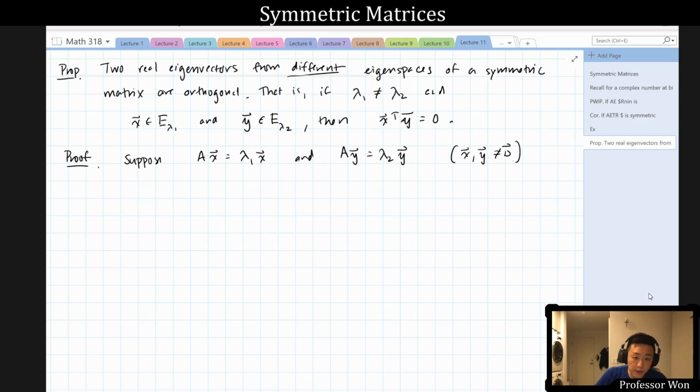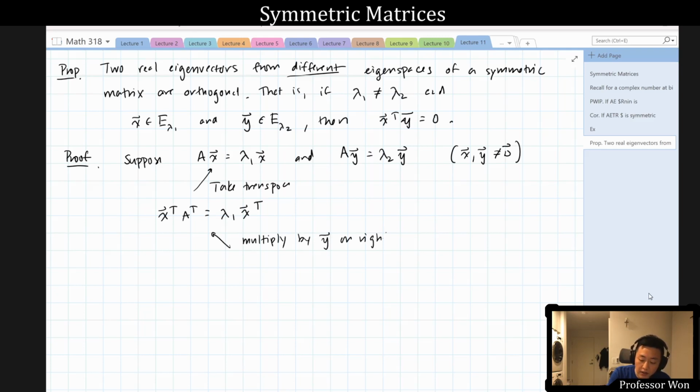At some point I need to use the fact that A is symmetric, which means that I should take a transpose somewhere. So let's take the transpose of this. We get x transpose A transpose equals lambda 1 x transpose. Now let's multiply this equation by y on the right.